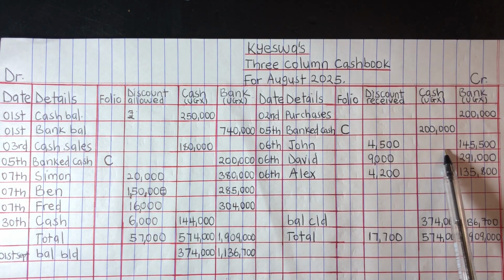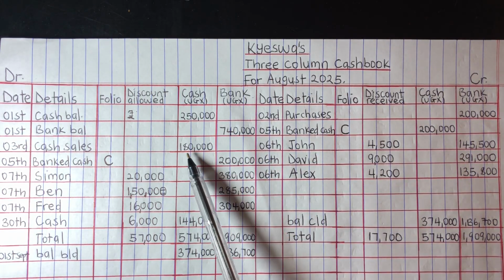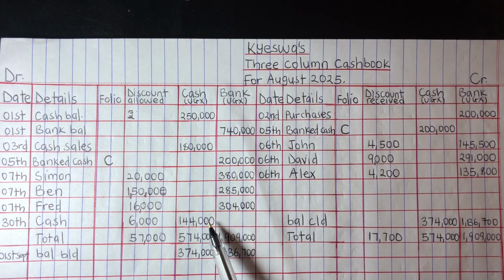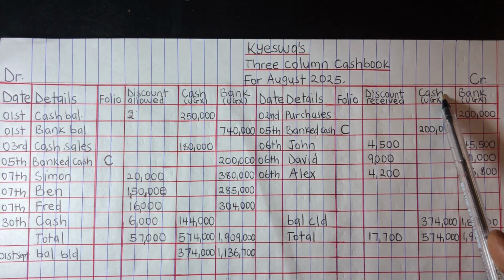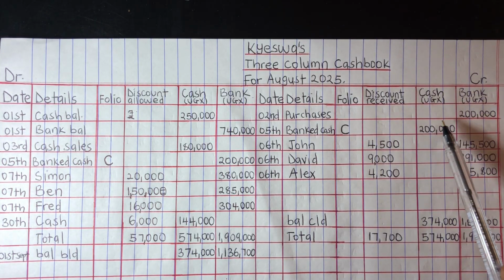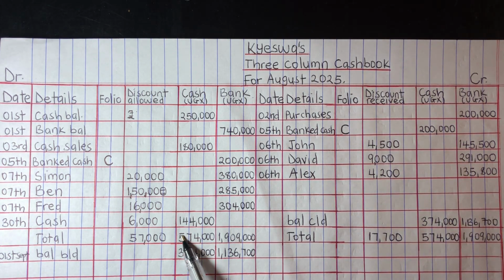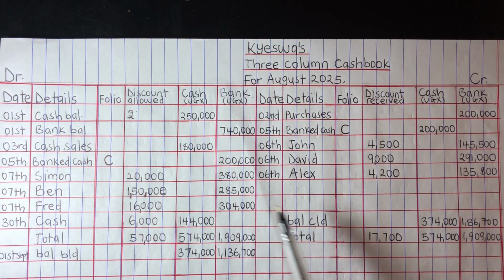So you get the small total. Then the cash column on the credit side has a total of 200,000 only. So the smaller total is deducted from the bigger total on these two sides.